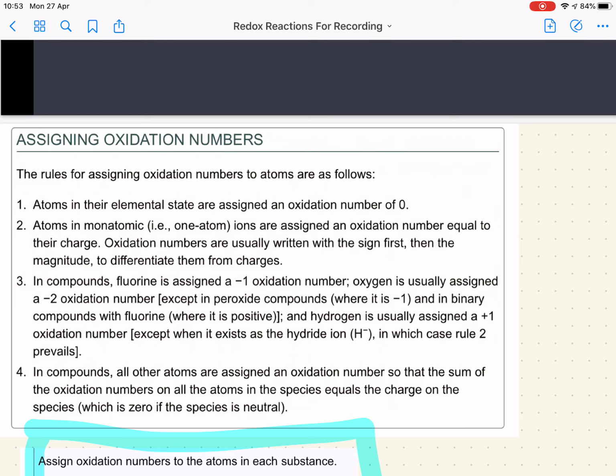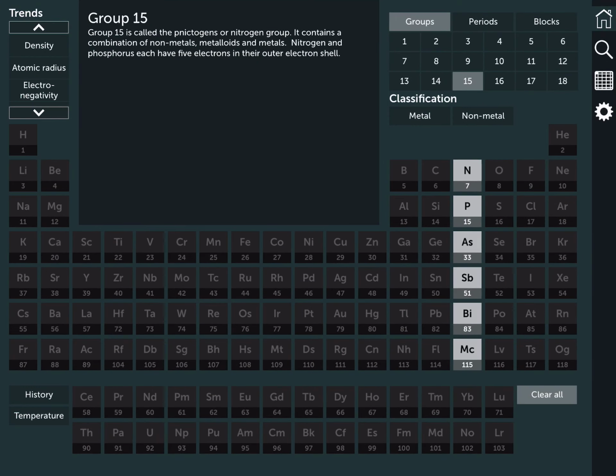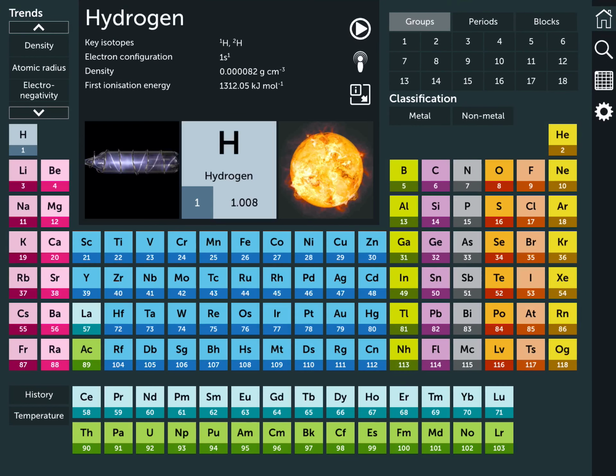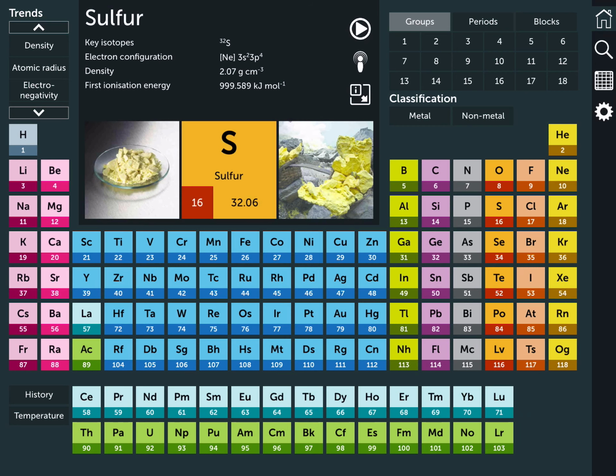Rule 1 says that atoms in their elemental state are assigned an oxidation number of 0. If we look at the periodic table, hydrogen on its own is going to be 0. Sodium, a sodium metal all on its own, is going to be 0. Sulfur is going to be 0. It doesn't matter where it is on the periodic table.